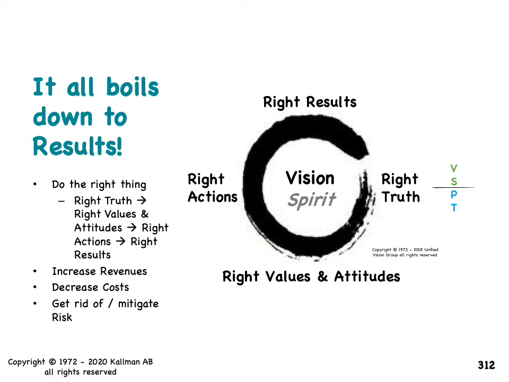And so an individual needs to link, how am I increasing revenues? How am I decreasing costs? How am I helping to get rid of or mitigate risk? That's the value you're bringing down to the table.